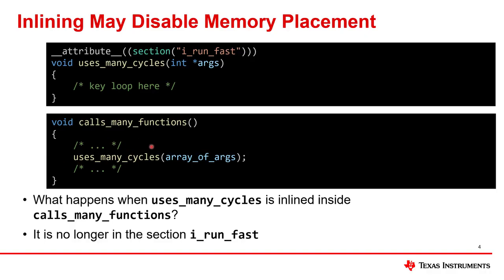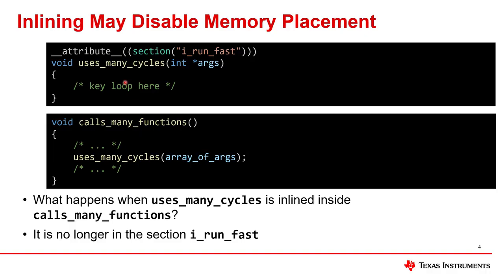Now, when LTO happens, you have to consider the possibility, well, what happens when uses many cycles gets inlined inside of calls many functions? Well, when that happens, this key loop right here isn't in the I run fast memory, it's in whatever memory calls many functions happens to be in, which is almost certain to be slower memory.